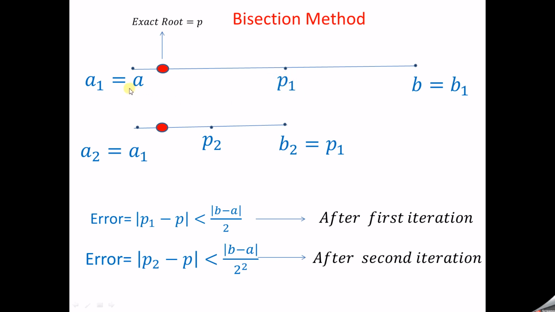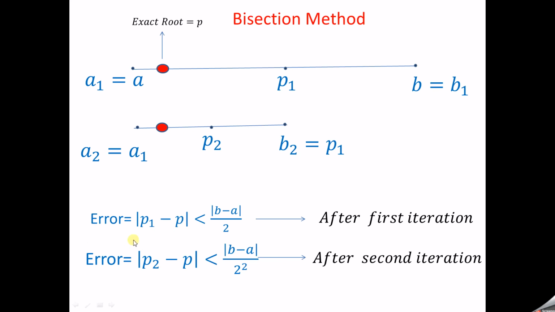Suppose the root lies between A1 and P1. Then the next interval will be A2, B2, where A2 is the same as A1, but B2 is the same as P1. And the midpoint of A2, B2, that is P2, will be the next approximation. Like that we continue. We have seen that in the bisection method.